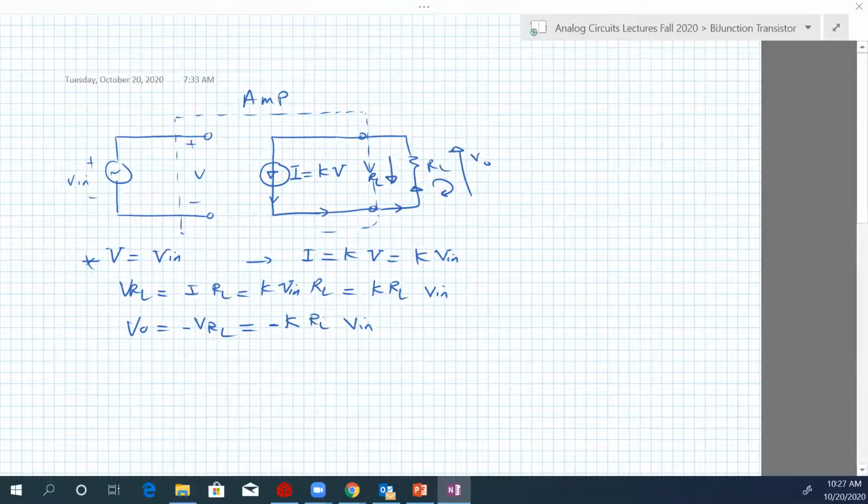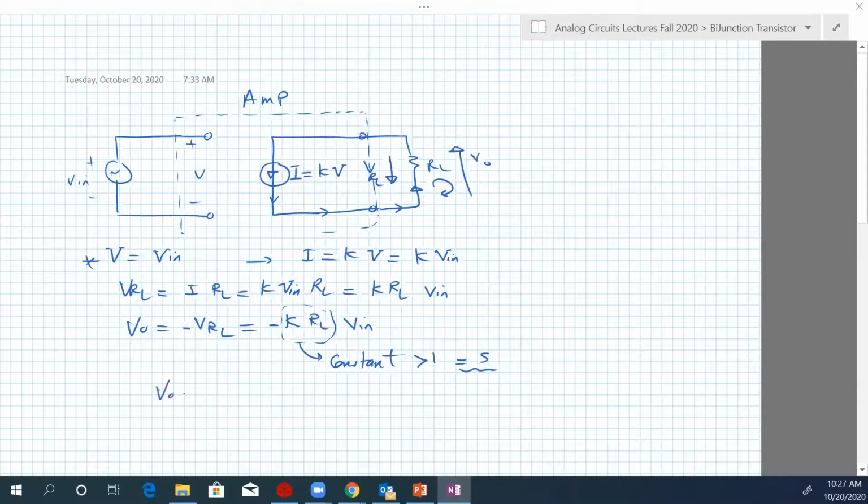Remember that RL is a constant. The resistor has a constant value. When you buy a resistor, it's 500 ohms, it's a constant. And the K from the beginning, we said it's a constant, it relates to this voltage dependent current source. So let's assume this constant is larger than 1, for example, equal to 5.